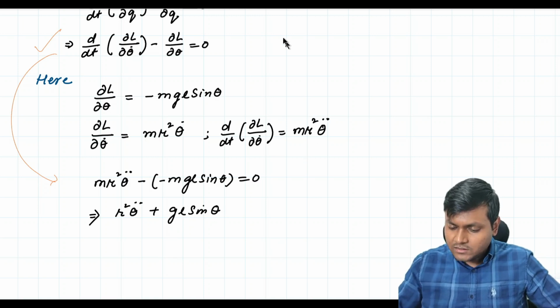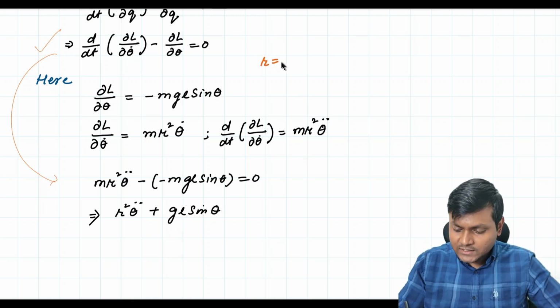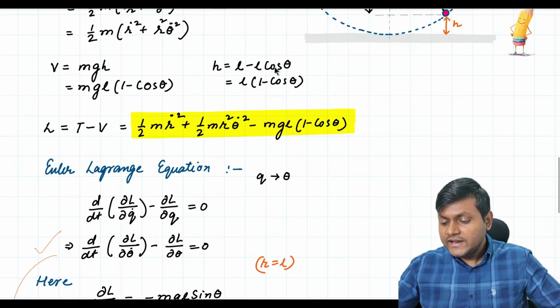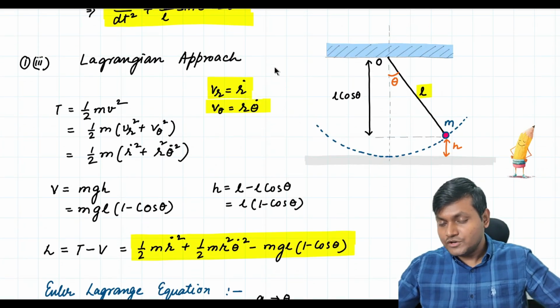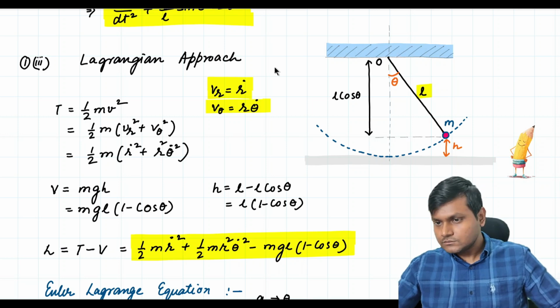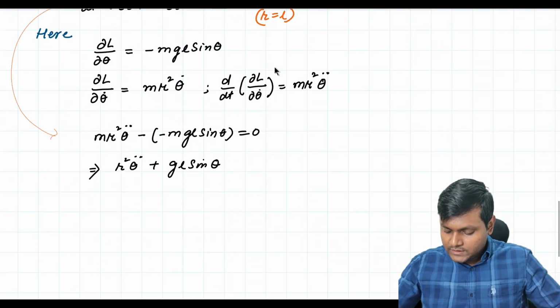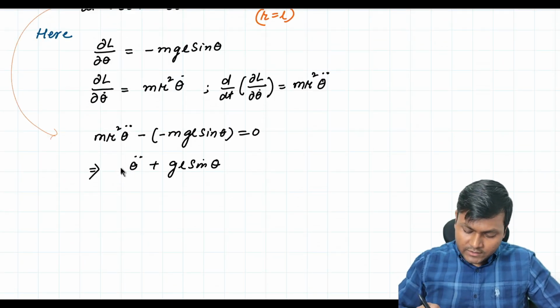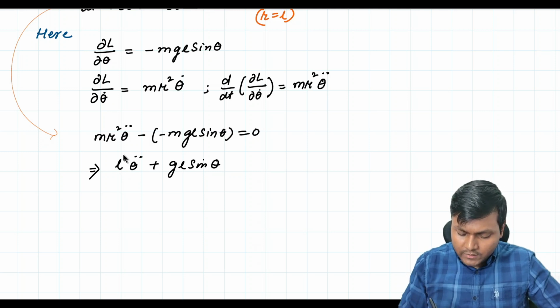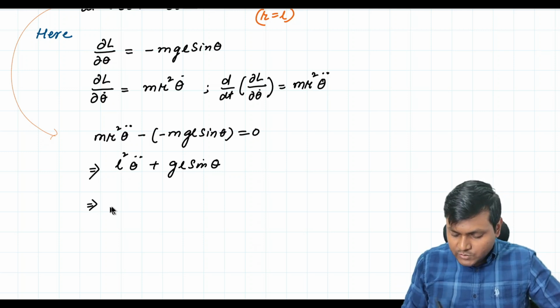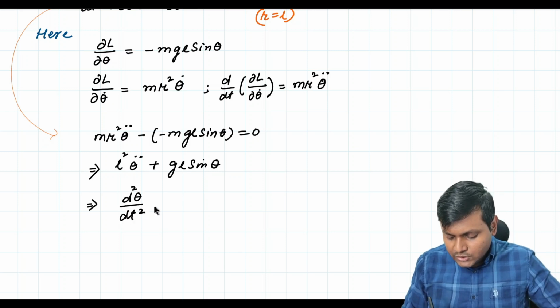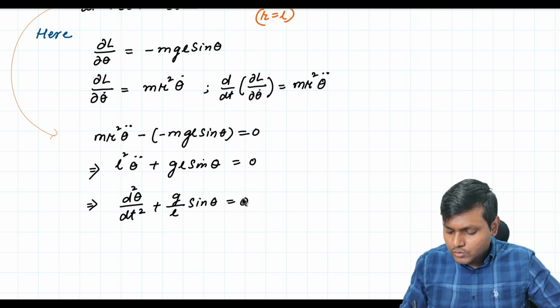Now what is r? r, I have already mentioned, is nothing but the radial distance of the point mass from the origin O here, which is L. So therefore I substitute here r square by L square, and if I divide the equation by L square, I simply get d2 theta upon dt2 plus g upon L sine theta is equal to 0.